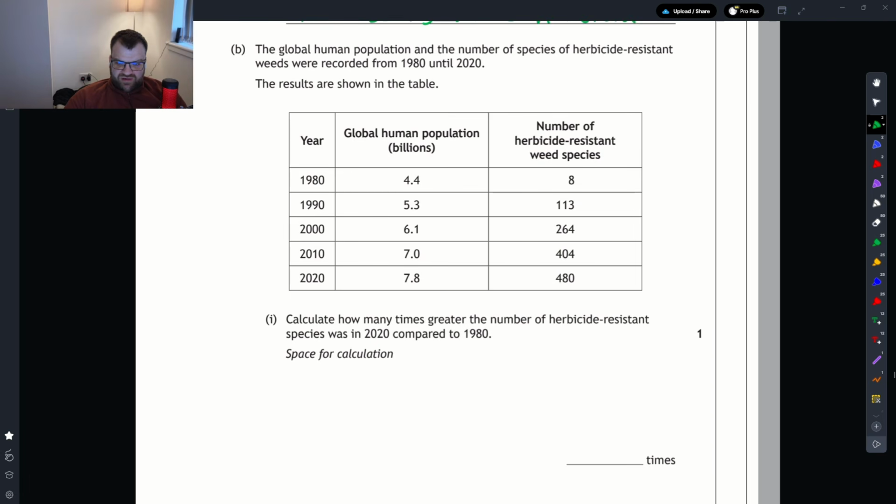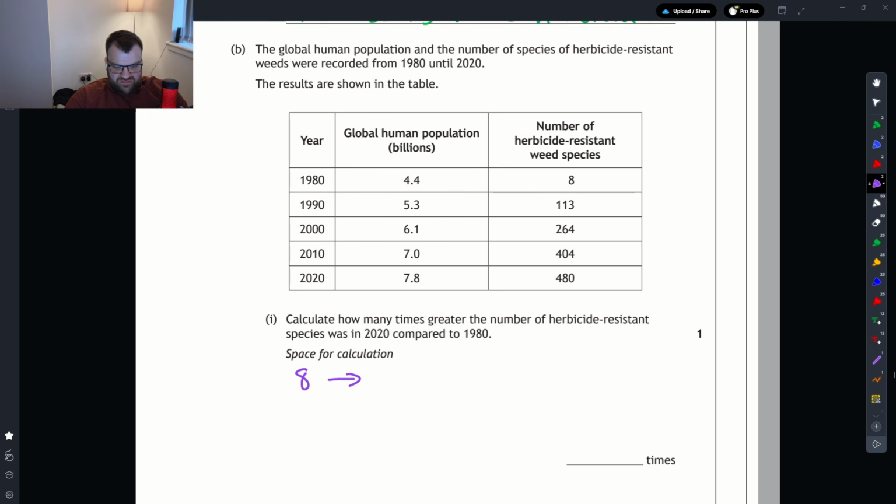Next up, let's calculate how many times greater 2020 is compared to 1980. This goes back to what I was saying about making sure you have them in the right order. So what two numbers have we got? We've got 2020 herbicide resistance, so right hand side, it's 480 versus 1980, which was 8.